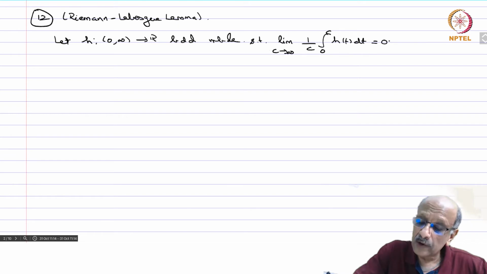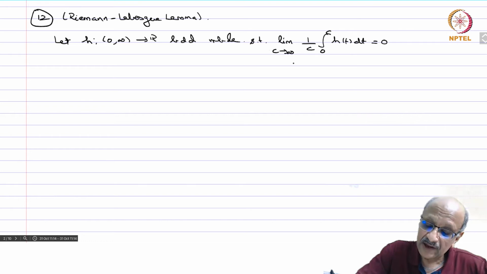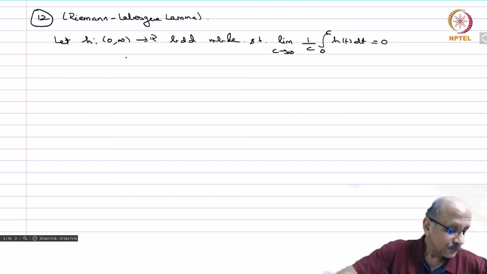So h is bounded, so on any finite interval it is integrable. You are taking the integral over c and dividing by the length of the interval, so that is nothing but the average. So the average of this function as the interval becomes larger and larger tends to 0.